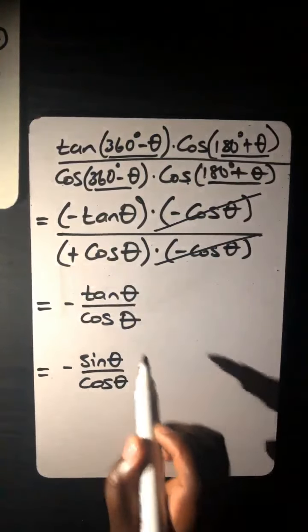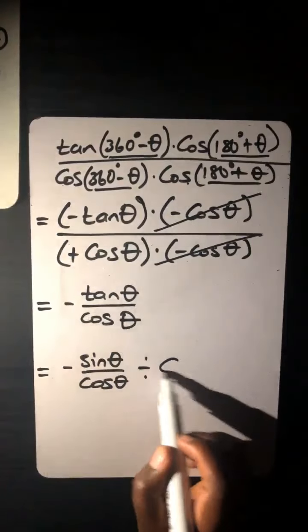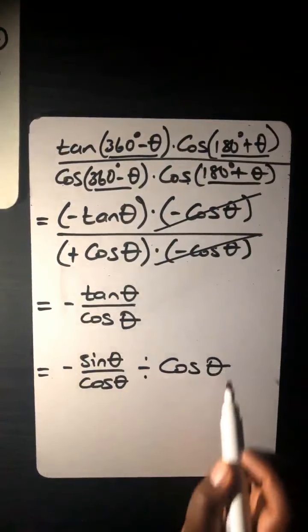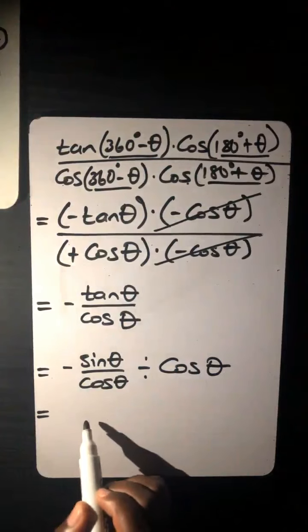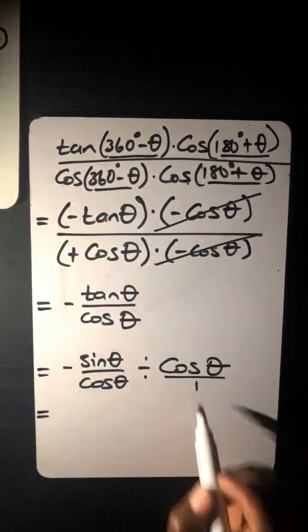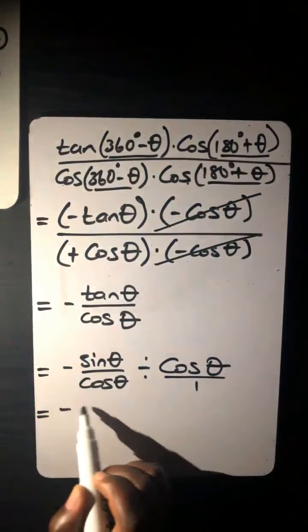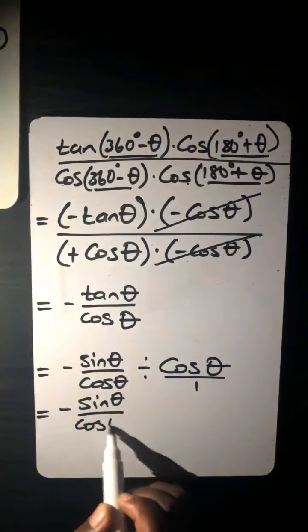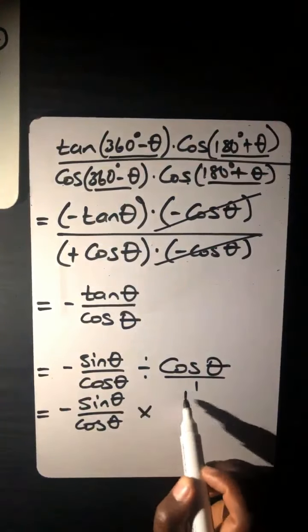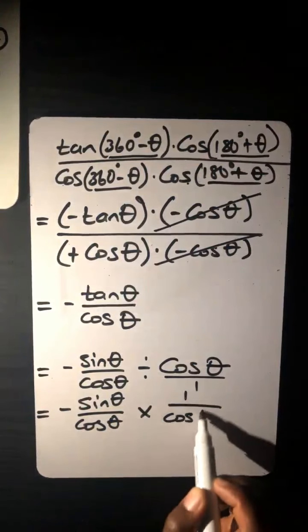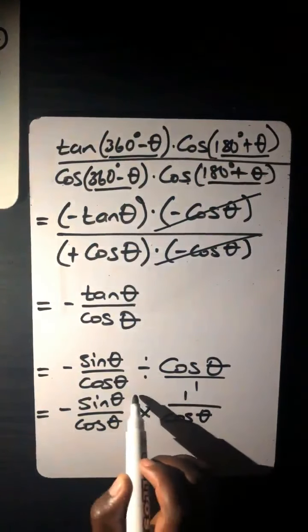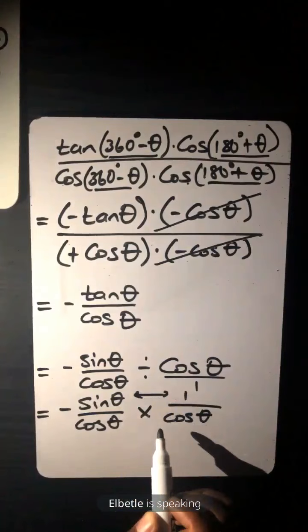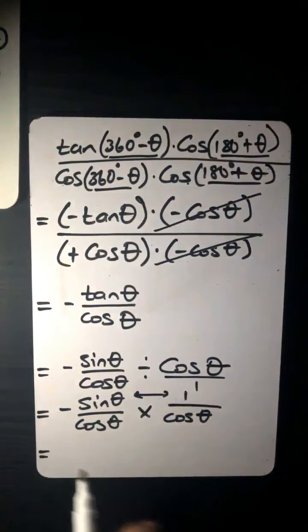Then you say divided by cos, so it's cos of angle. Therefore, remember this is the same as over 1. Then you say negative sine angle over cos angle, you multiply by 1 over cos angle. I have a question. Yes. Why are we using sine?